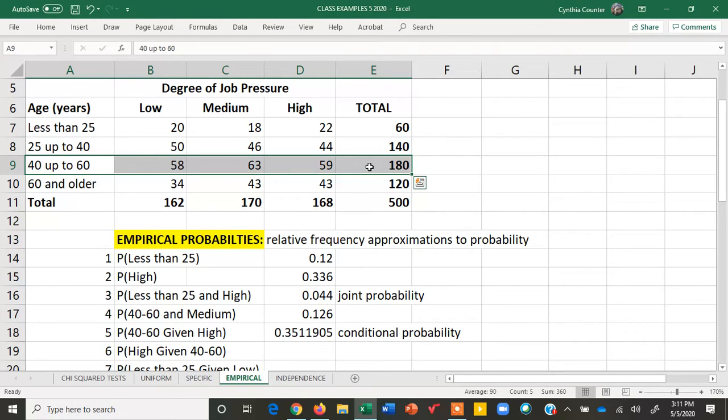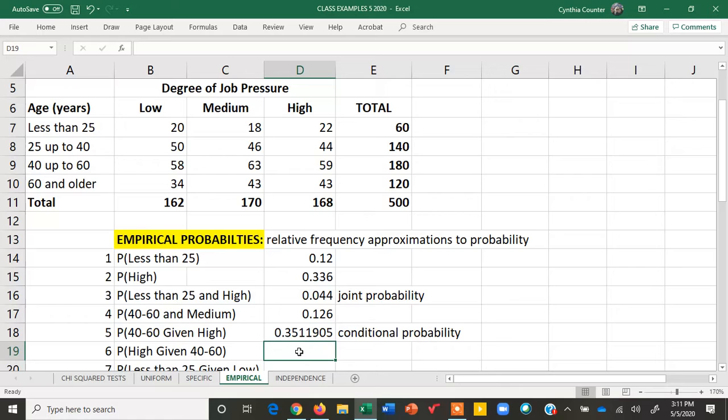So we are only interested in the 180 individuals in the 40 to 60 age group. Of those 180 individuals, the number that reported high job pressure is 59. So we get 59 out of the 180.